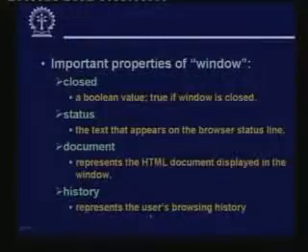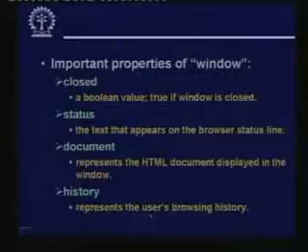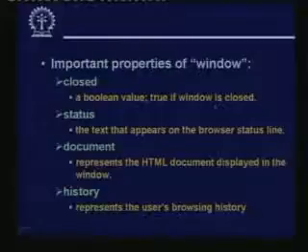First, let us look at some of the important properties of the window object. Now, when you are using a window object, you can use any of these properties in any suitable way you want. Closed is a property, a Boolean value, which indicates if a window is presently open or closed. If it is true, it means the window is closed presently.